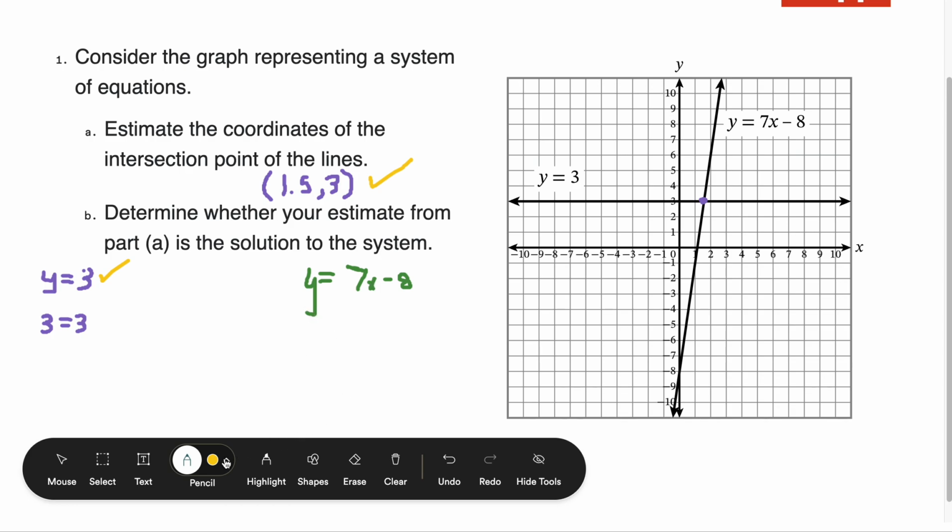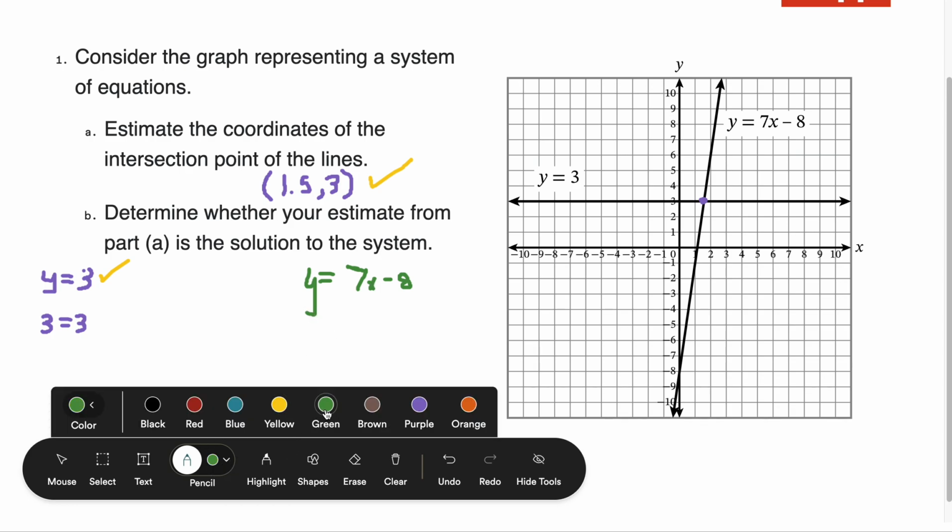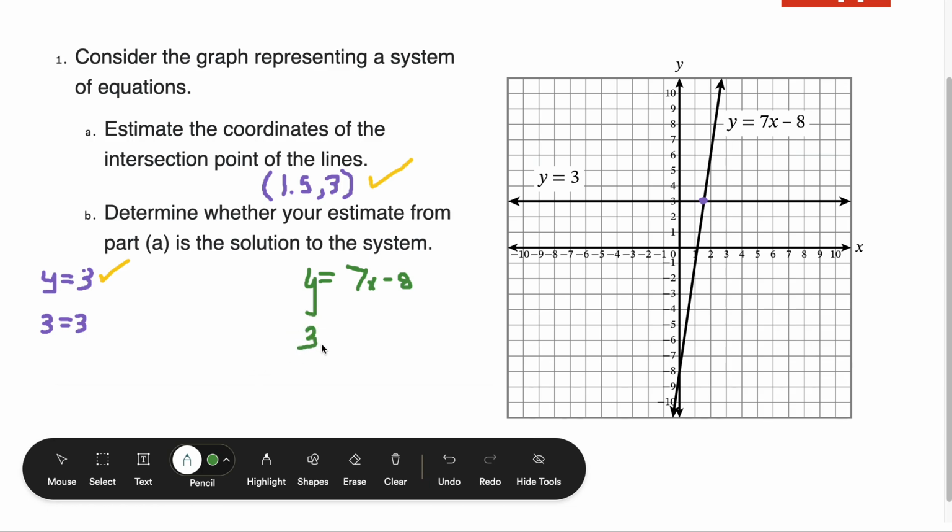Now let's look at our other equation, y equals 7x minus 8. And again, instead of writing y, I'm going to write 3 equals 7, and instead of writing x, I'm going to write times 1.5 minus 8. So now we're going to go ahead and do this math. 1.5 times 7 is equal to 10.5.